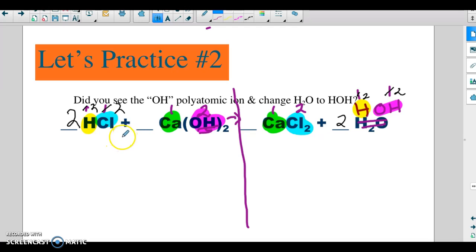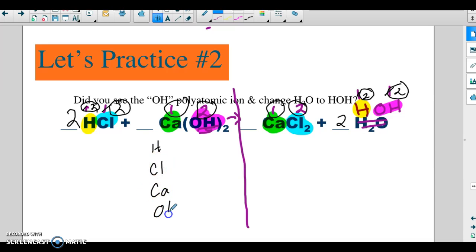So you can see now I have 2 and 2 of the hydroxides, 2 and 2 of the hydrogens, 1 calcium on each side, 2 chlorines on each side, and I'm balanced. So we can do the problems like that without setting up the table. If you did want the table, you would have listed everything, but we would have kept that hydroxide separate from the hydrogen.